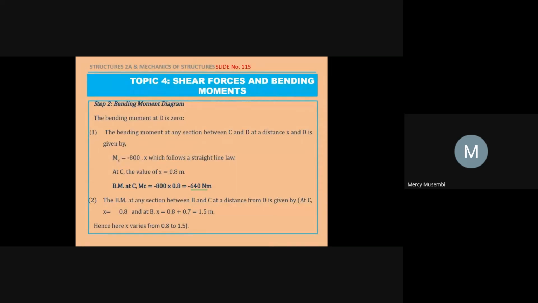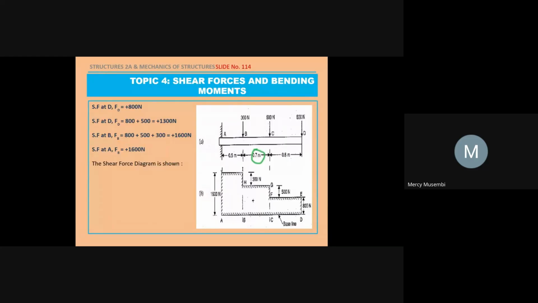And the bending moment at any section between B and C at a distance x from D is given at x equals 0.8. At B, x will be 0.7 plus 0.8, which is 1.5 meters.